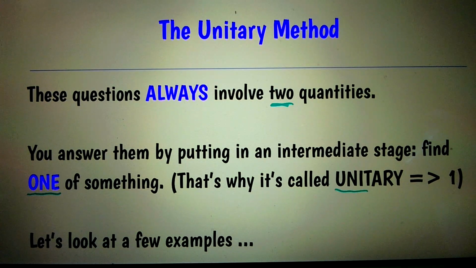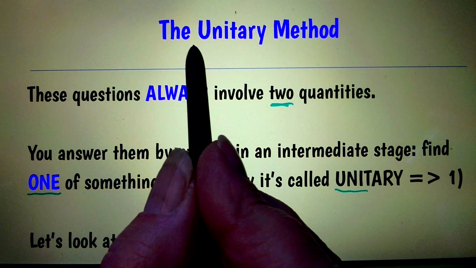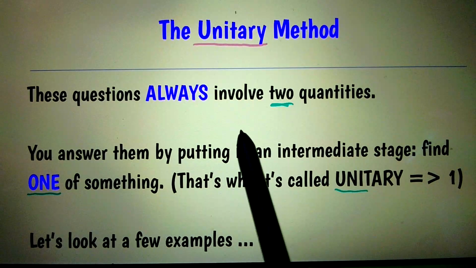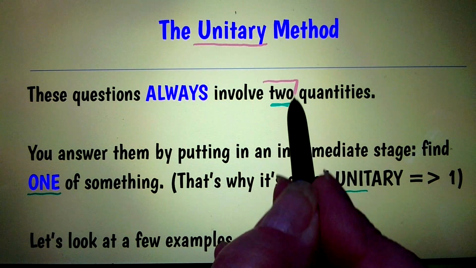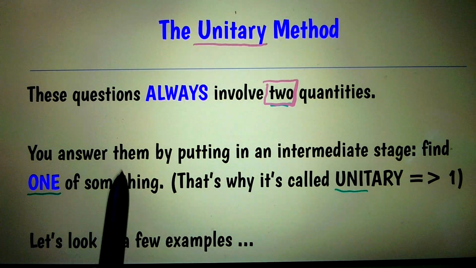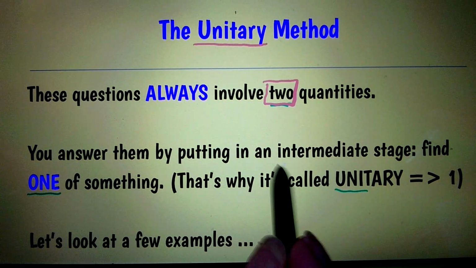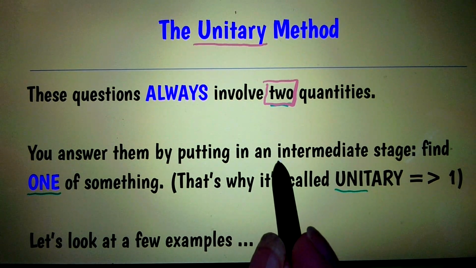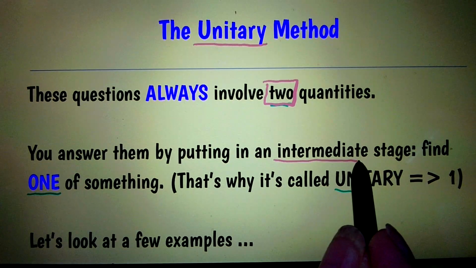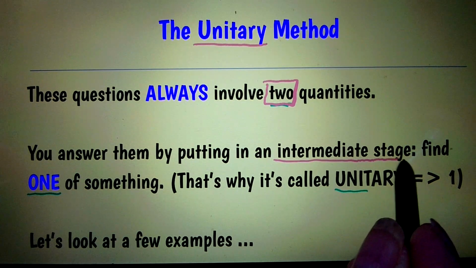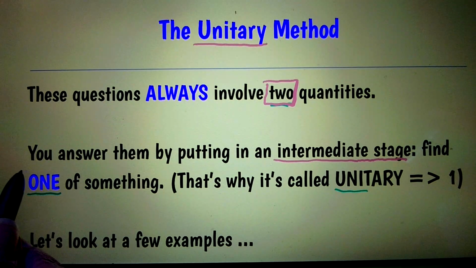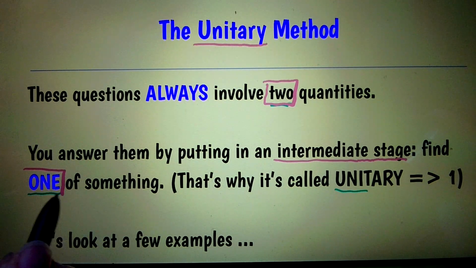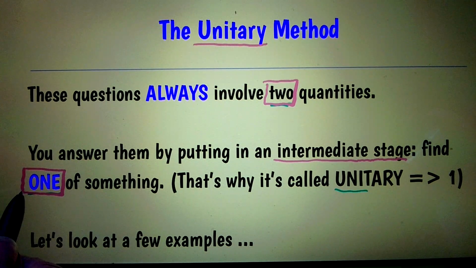So you should understand now the unitary method involves 2 quantities, and you've seen some examples, and you answer them by putting in the intermediate stage. Okay, and that is finding 1 of something.